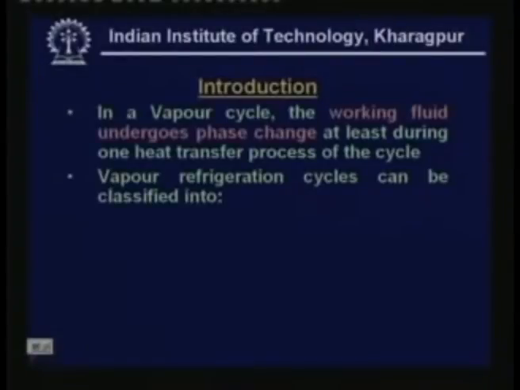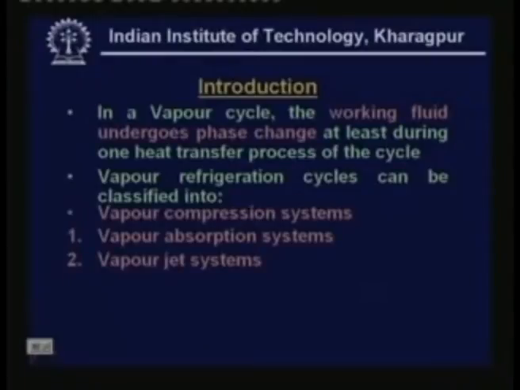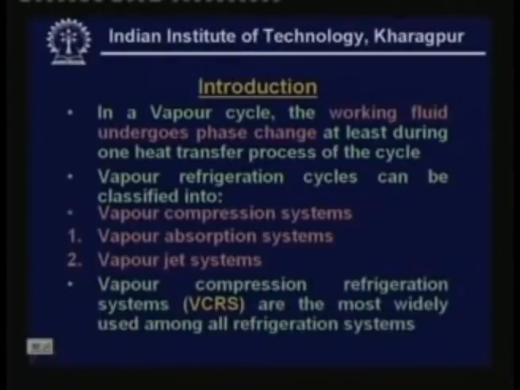So, vapor refrigerant cycles can be classified into vapor compression systems, vapor absorption systems and vapor jet systems. And among these three, the vapor compression refrigerant systems are the most widely used among all the refrigerant systems in fact.